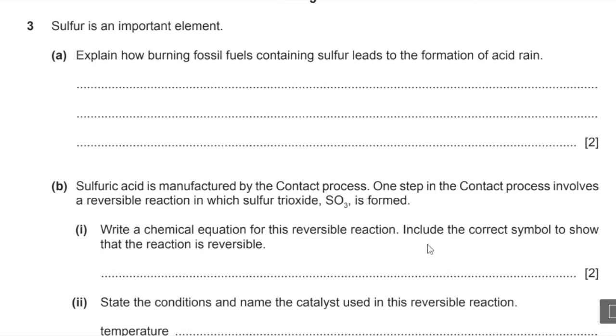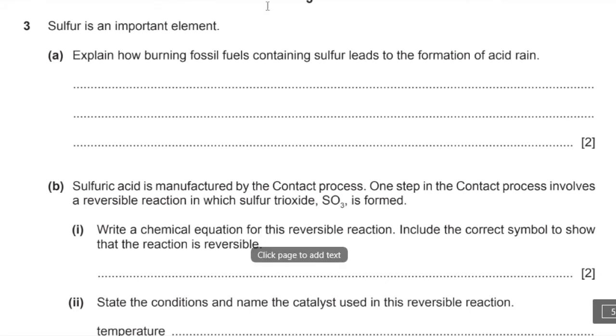3. Sulfur is an important element. A. Explain how burning fossil fuels containing sulfur leads to the formation of acid rain. So burning any fossil fuels with sulfur impurities gives off sulfur dioxide, which forms sulfur trioxide, which would then get dissolved in water to form acid and eventually acid rain.